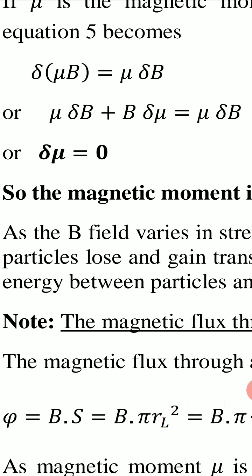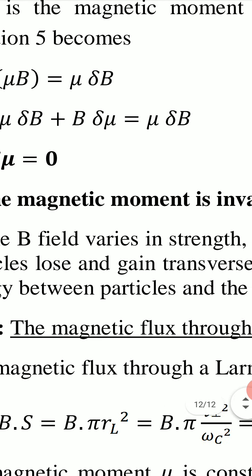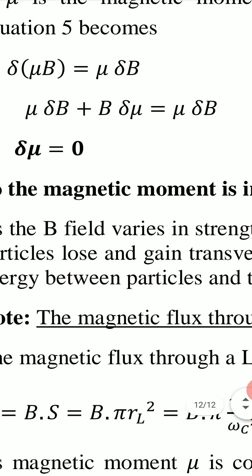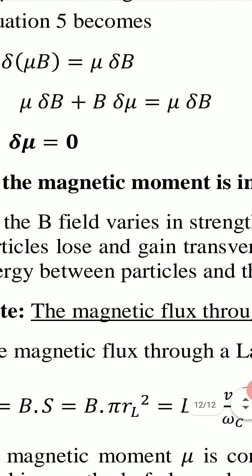Now the left hand side will become mu delta b plus b delta mu: first function times differentiation of second plus second times differentiation of first. Treat delta as differentiation. And now this is equal to mu delta b.